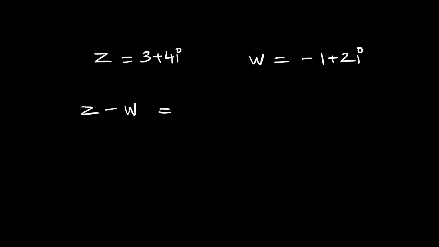Similarly, if we do the subtraction, z is 3 plus 4i and w is minus 1 plus 2i. So z minus w: this is the real part, and the real part, there is a negative sign between the two, so 3 minus minus 1. This is the working for the real part.